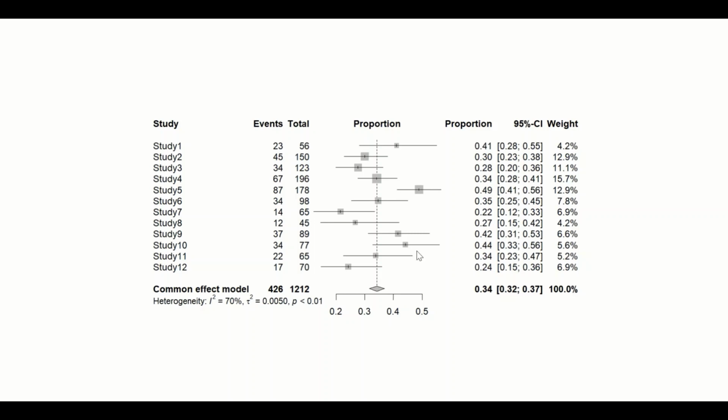As shown here above the diagrammatic representation of the forest plot, the proportion label is added. To change the color for the squares, the diamond, and the vertical line here: the square represents the proportion for each individual study.